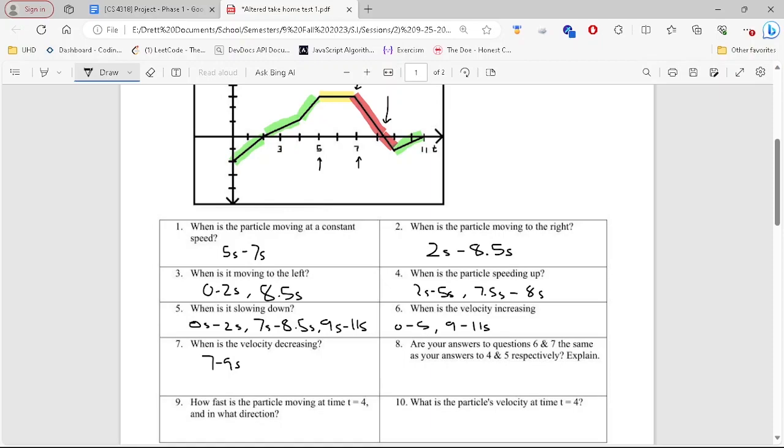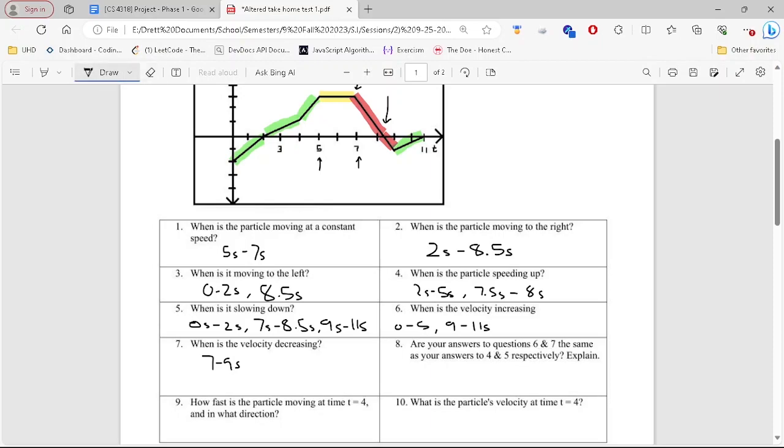Respectively means that 6 and 4 are the same, 7 and 5 are the same. So 6 and 4, are they the same? No, they are quite different. It says 2 to 5 seconds, 7.5 to 8 seconds, and it says 0 to 5 and 9 to 11. So they are different.